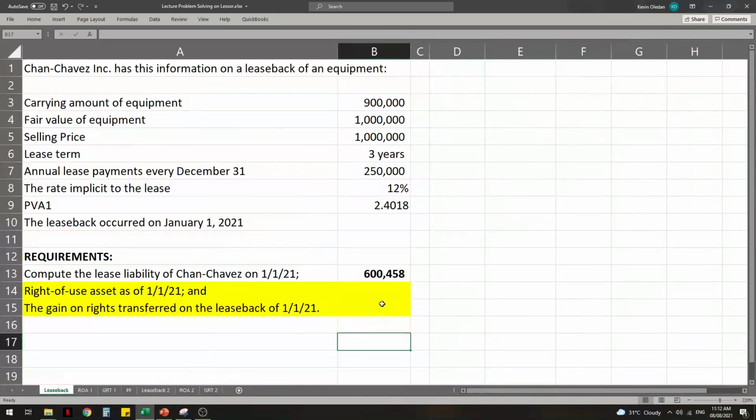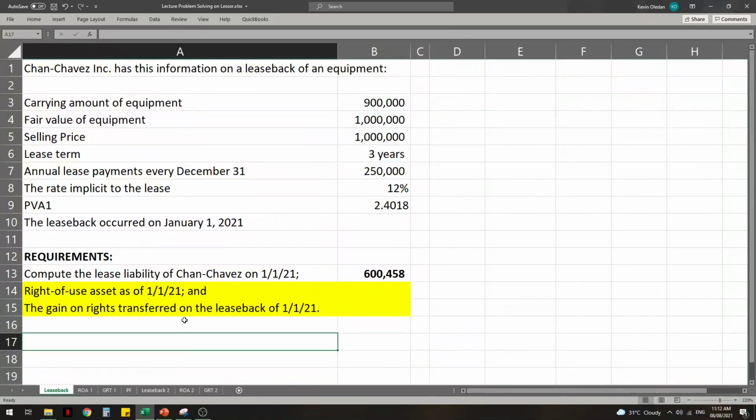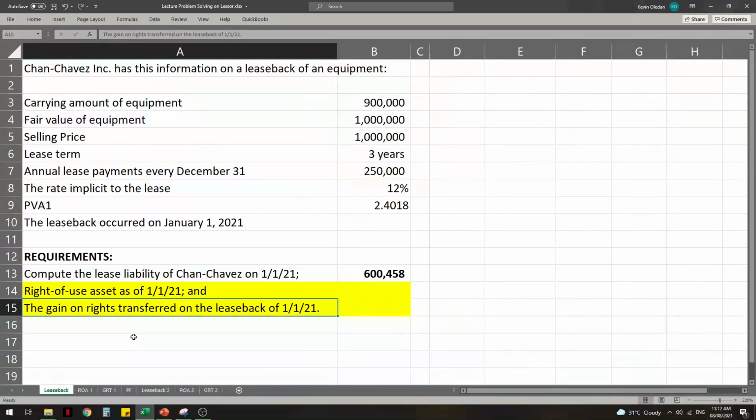For that, I already computed it para di na tayo mahirapan. Ang naiba lang kasi talaga is the right of use asset and the addition of another requirement na itatanong sa'yo, the gain on rights transferred. Because frankly speaking, the difference between an ordinary lease and the sale and leaseback is the sale component.